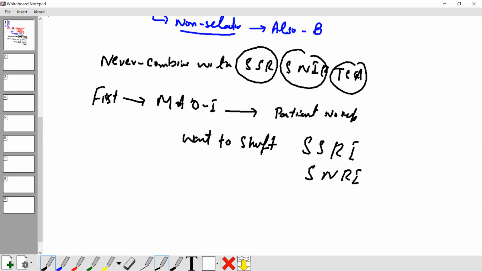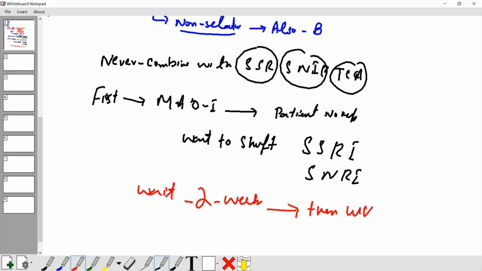For that purpose, if you want to shift, you must wait 2 weeks, then use SSRI.